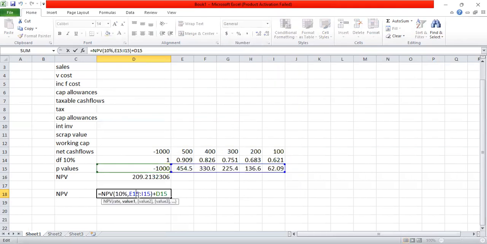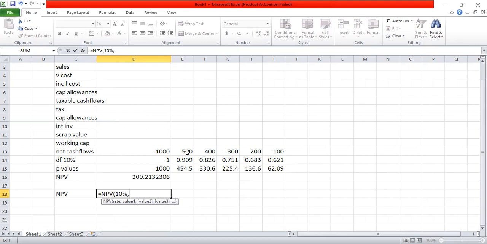So why is this answer going wrong, guys? Because I have taken the present values, the mistake I have made. Here you have to take the cash flows, not the present values. Let me do it again for you. The 10% was the rate, comma, select these cash flows starting from year 1 to 5.